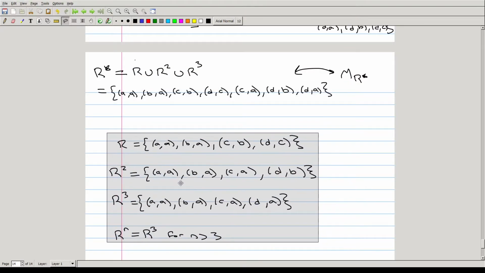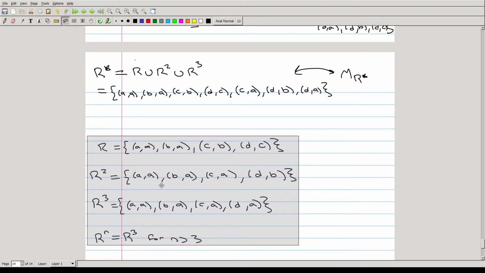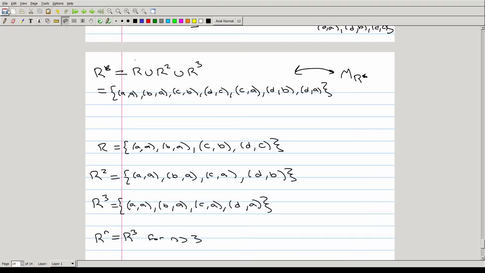So for example, we know that MR, the 0, 1 matrix representing R, is the matrix that represents the relation.